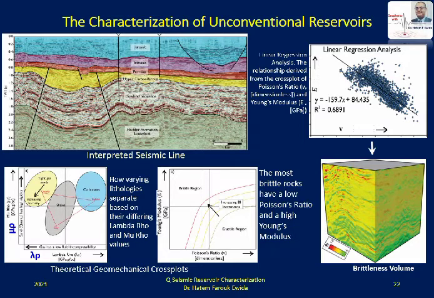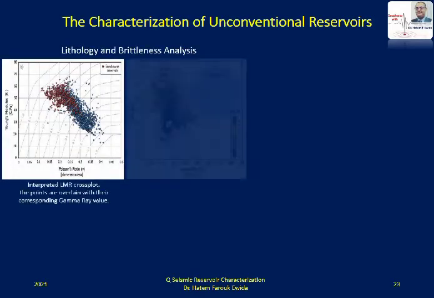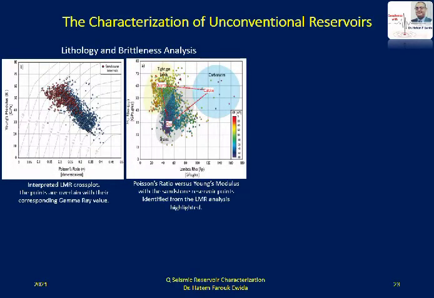Okay, so continuing with this example, after that they start to cross-plot the lambda rho and mu rho attributes. So here they have the Poisson ratio against Young's modulus, and here the lambda rho against the mu rho.